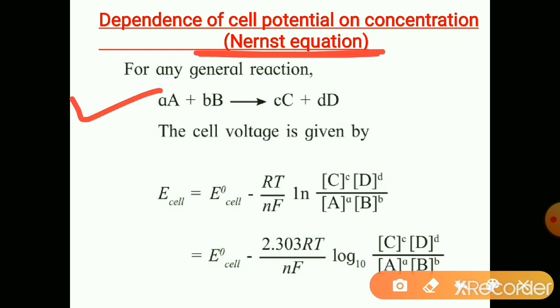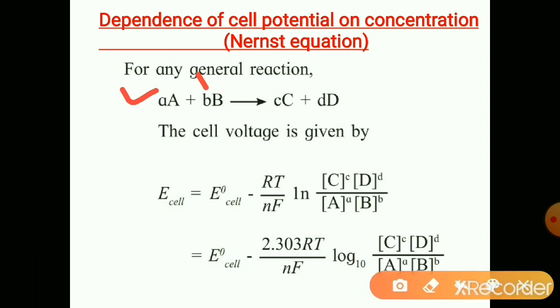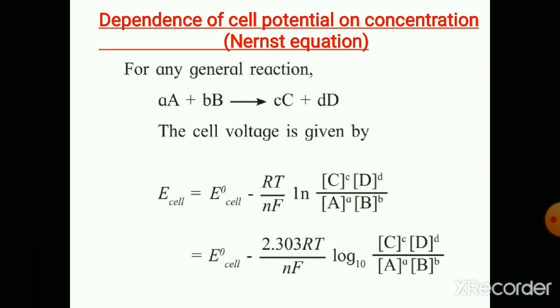For any general reaction, capital A, B, C, D are the reactants and products, and small a, b, c, d are the coefficients in the balanced chemical equation.